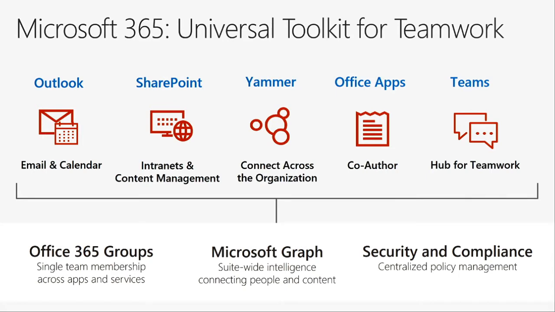The unique thing about Microsoft 365 is that all of these tools are implemented using an intelligent fabric. This fabric includes a membership service from Office 365 groups. And then there is also discovery and intelligence available through Microsoft Graph. We also provide security and compliance. And what more do you want?